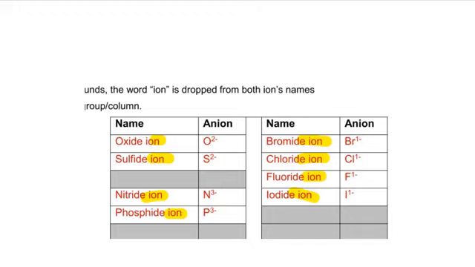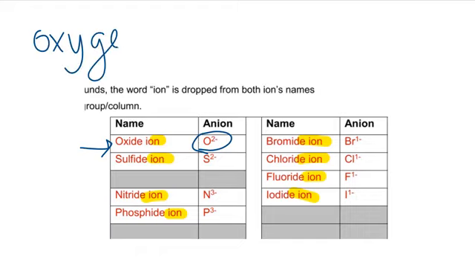And notice that these look a little bit different. So for example, if we were to look at this oxide and it's O2 negative. So what we do is we take oxygen right from the periodic table, and now when it becomes an ion and it gains 2 electrons to become a -2 ion, we take the ending off and we add IDE.